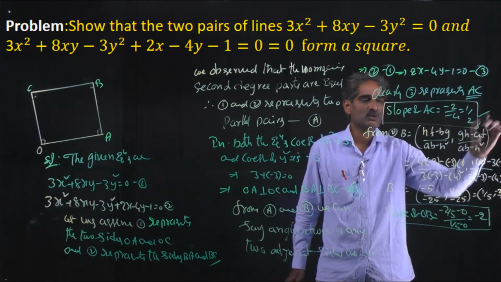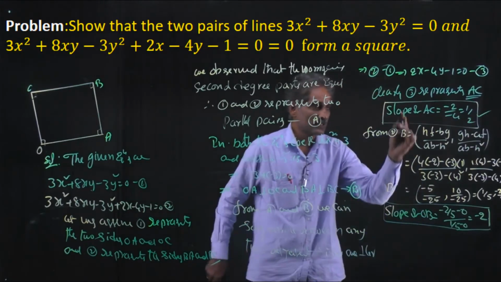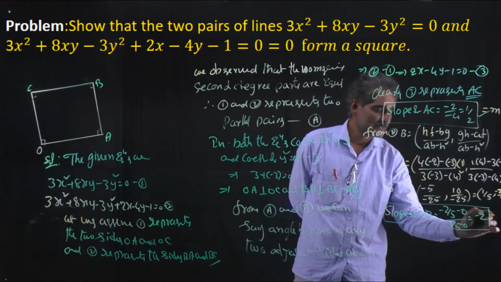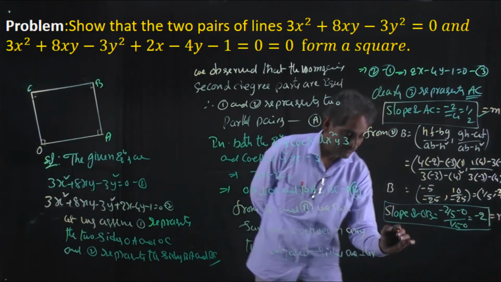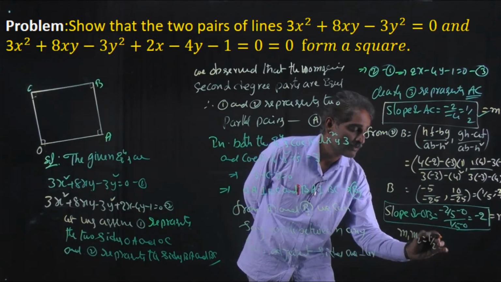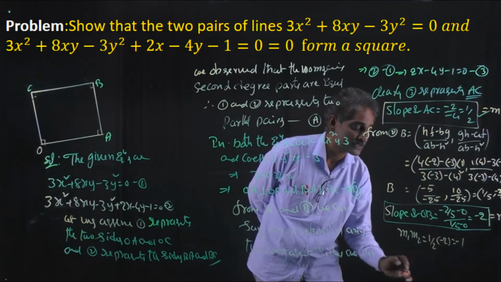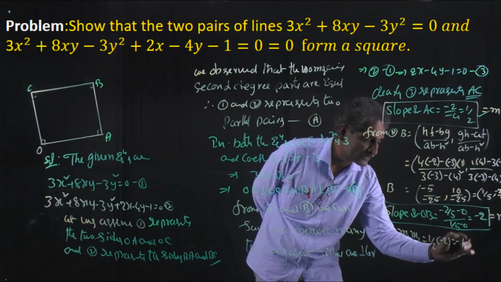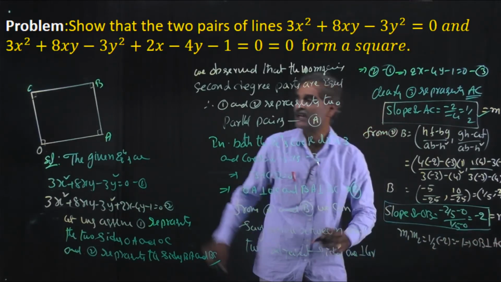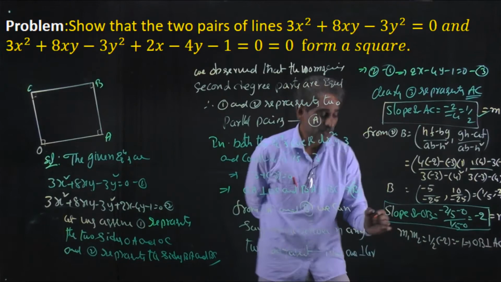This is the slope of the diagonal AC. Let it be M1 and let it be M2. Here M1 times M2 is equal to 1 by 2 into minus 2, which is equal to minus 1. Therefore, OB is perpendicular to AC. That means the diagonals are perpendicular.